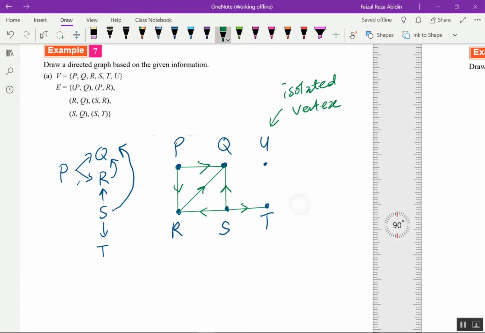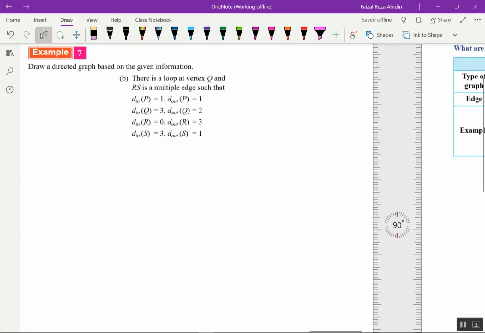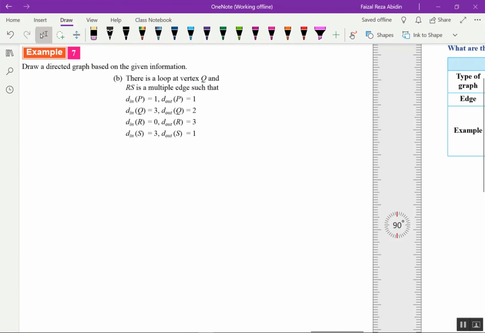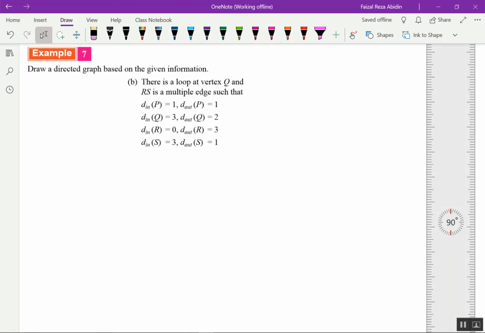Okay, next. Still as example 7. Okay, draw a directed graph based on the given information. Okay, there is a loop at vertex Q, and R is a multiple edge. Okay, first of all, I want to look at the vertex given first.